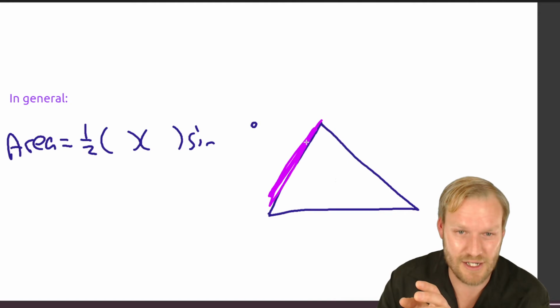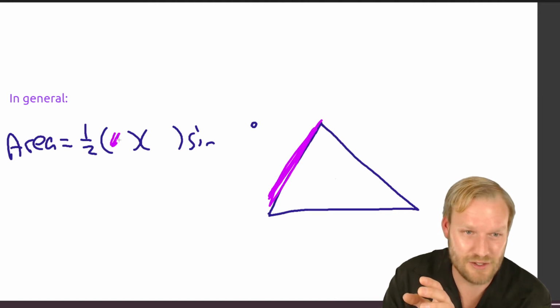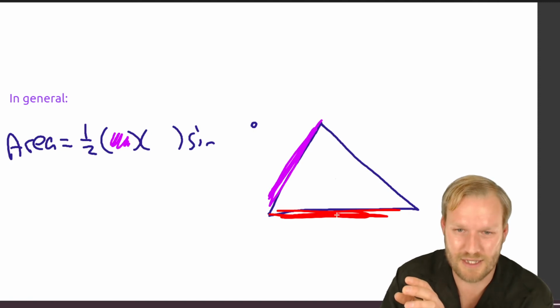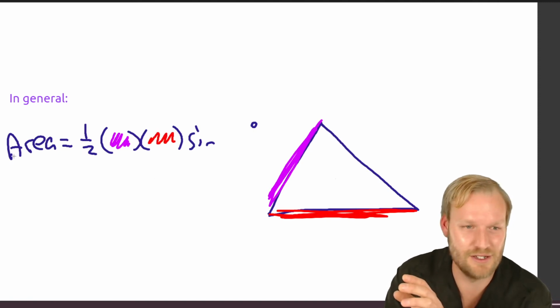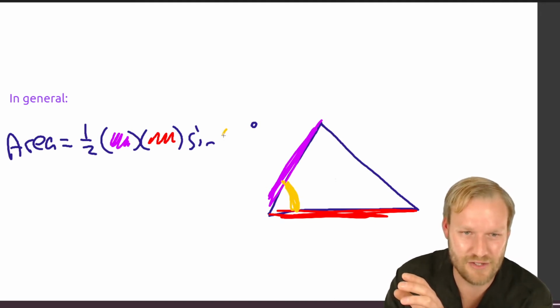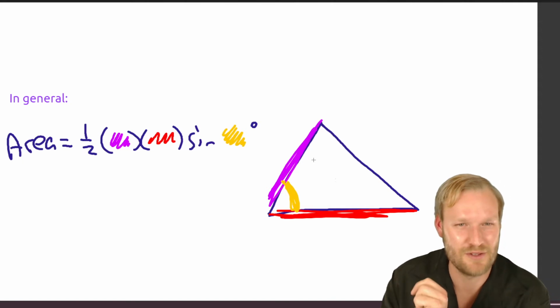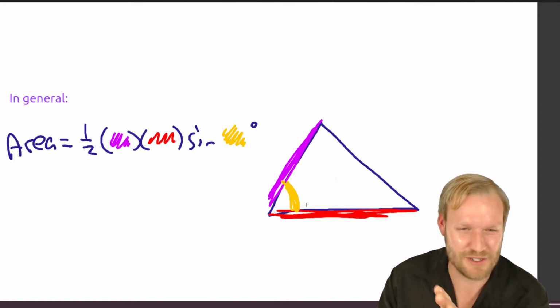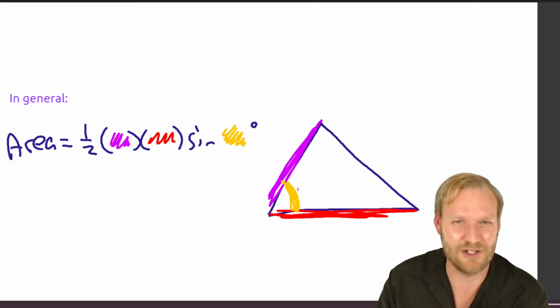So half of this side, that's going to be this bit over here, times some sort of other side. Let's put that in over there as a color, and that angle that's between, so this angle over here, is this part over there. That kind of makes sense. I really want to impress upon you this idea that it's a half, this side times that side, times the sine of the angle in between.